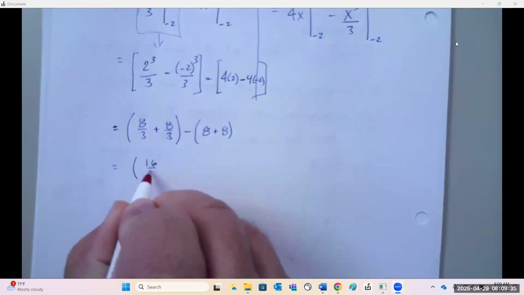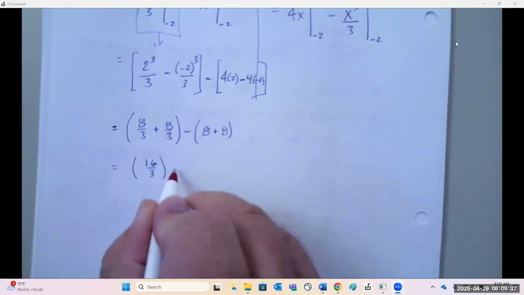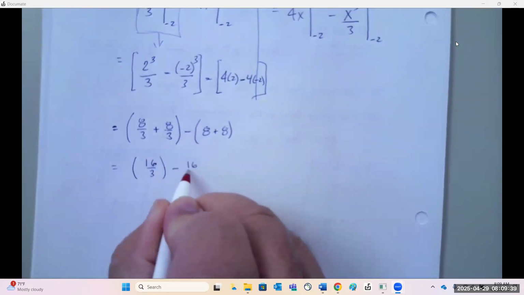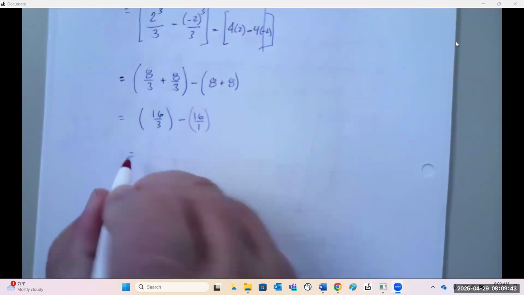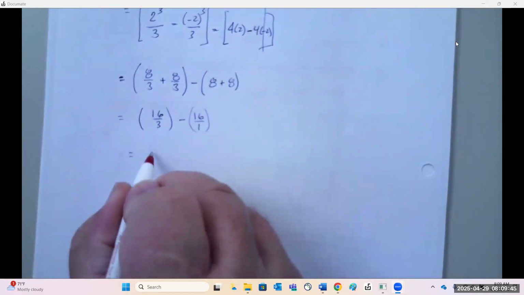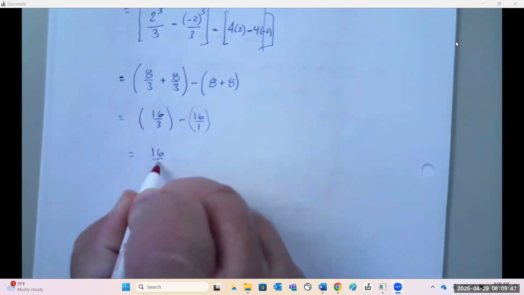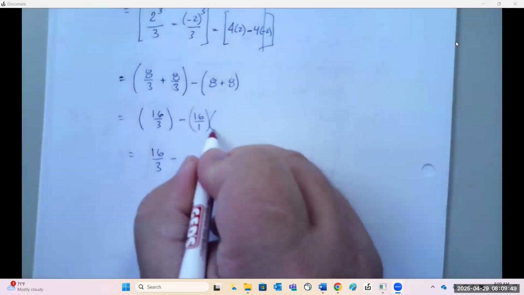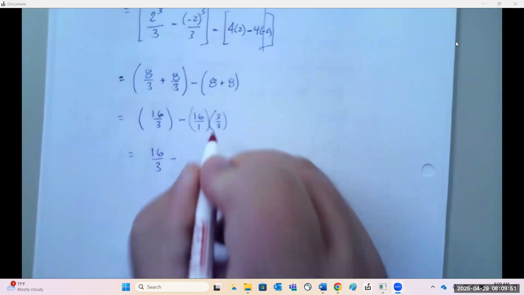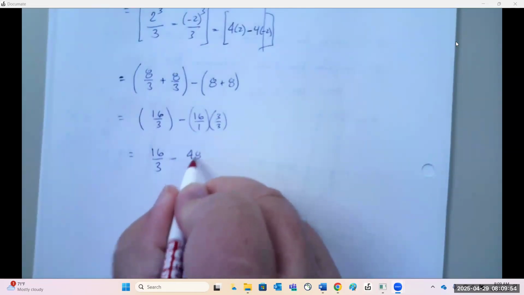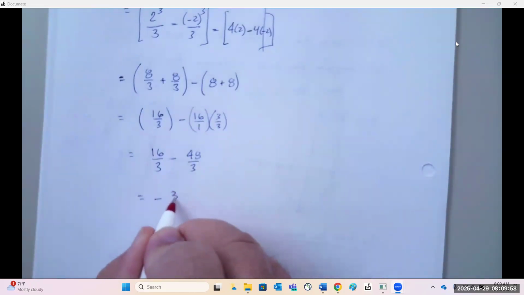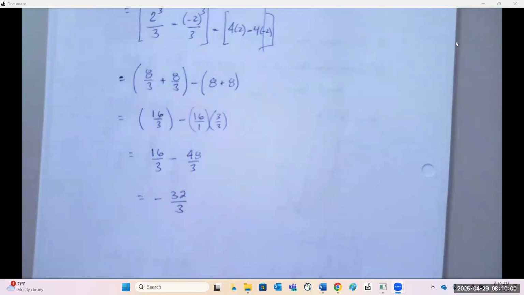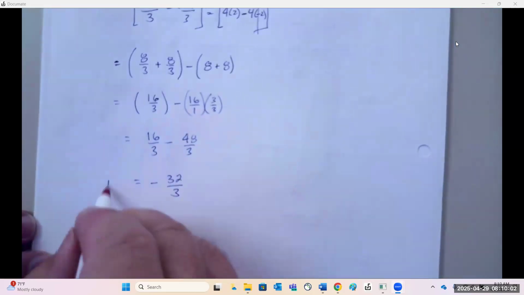So we got 16 over 3 minus 16 over 1. Get a common denominator, so it's 16 over 3. Multiply this one by 3 over 3, 48 over 3. It makes it -32 over 3. So that's the area of the first one.